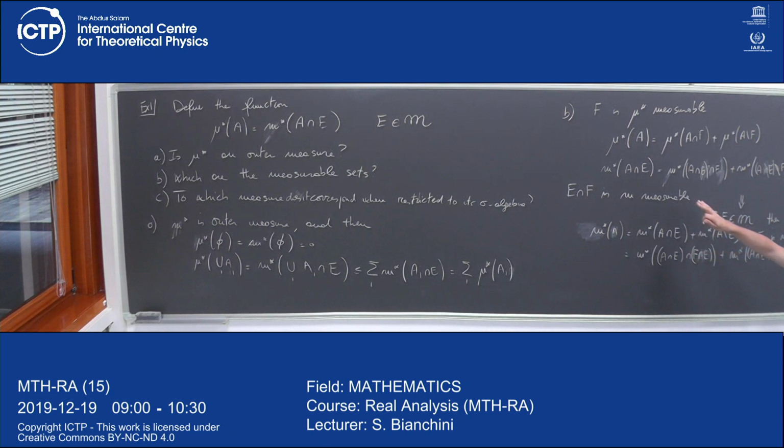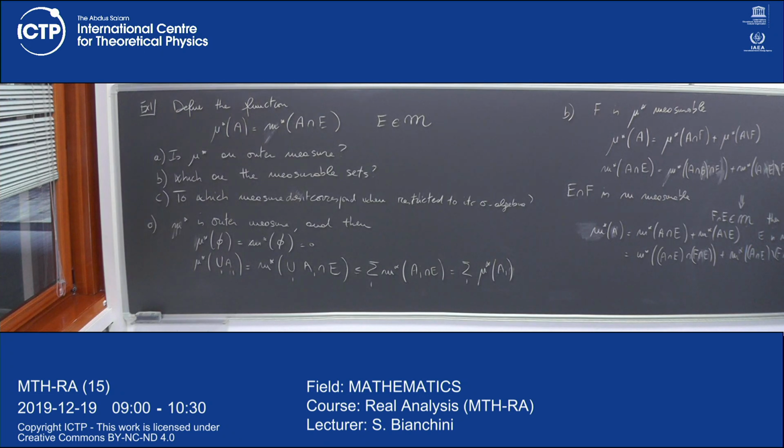Okay, so I assume that this should hold. So if I satisfy it, I rewrite the thing, I get this relation. This relation tells that if this guy is measurable, then it holds for all these guys here. So it's verified if this is measurable.